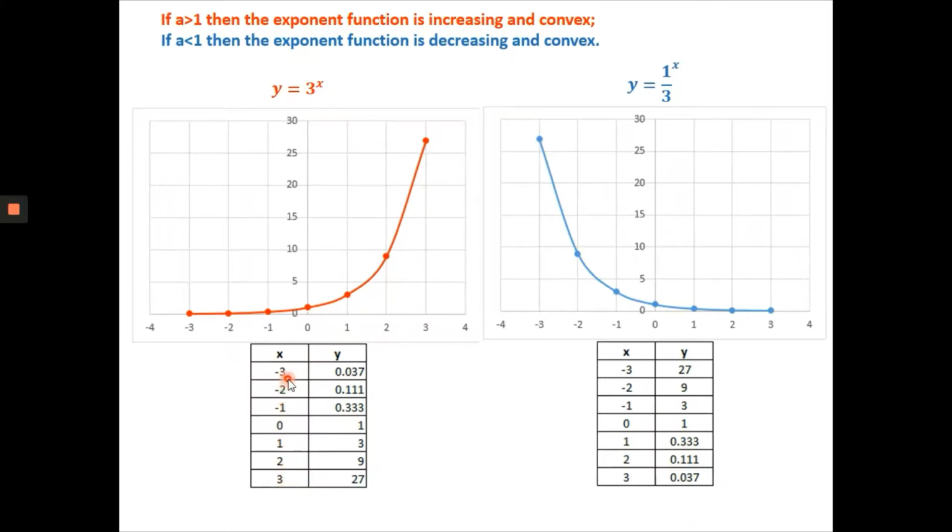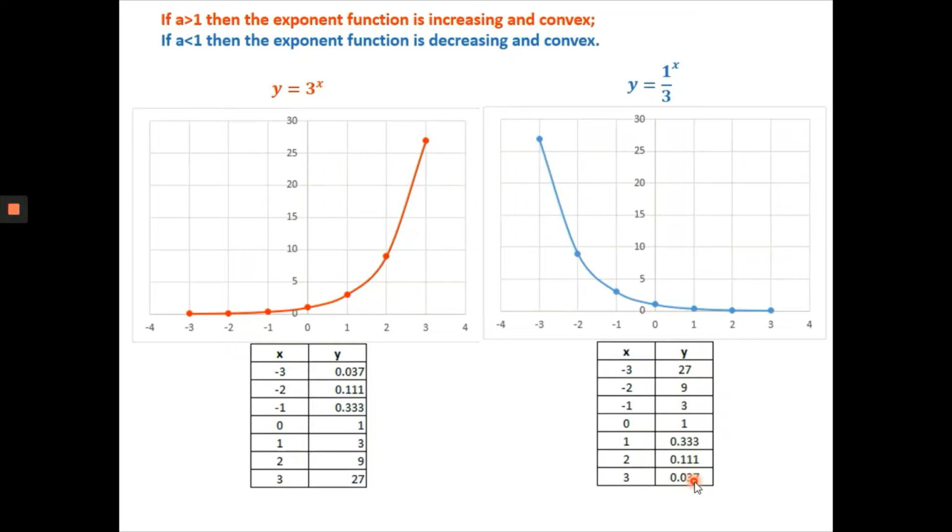And if you plug these values into this function, so 3 to the power of negative 3, you would get a value of 0.037, okay, etc. And these data points have been indicated on this graph, and here we have done the same. All right, so here the exponential function is y equals 1/3 to the power of x, and for different values of x, we will obviously get different values of y.